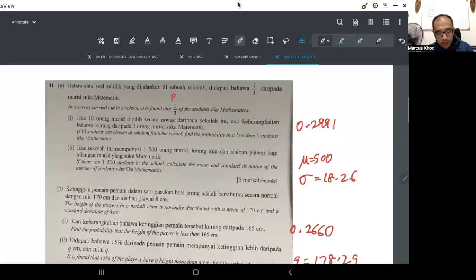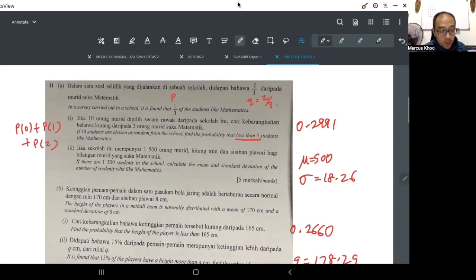So q is 2/3, the students that don't like mathematics. If 10 students are chosen at random from the school, find the probability that less than 3 students like mathematics. Less than 3 means 3 is not included.